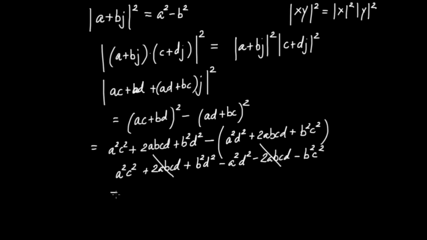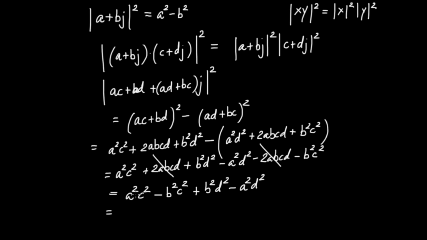Now first I'm going to write a squared c squared, that first term there. And then I'm going to write this term here, which is minus b squared c squared. Then I'm going to write plus b squared d squared. Then finally I have minus a squared d squared.